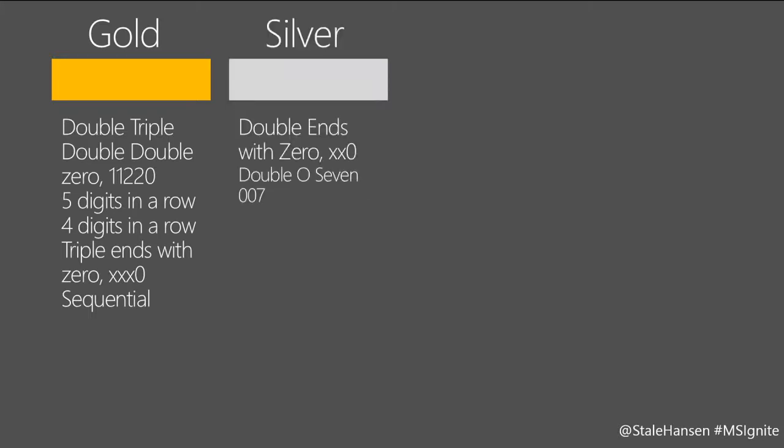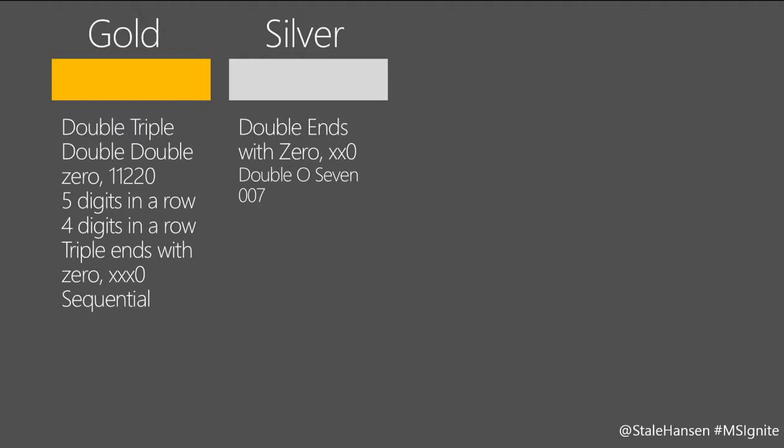And then you have silver numbers, which are maybe double, ending with 0, 007 maybe. Actually, last week I had 3 different cases from 3 different customers that wanted to reserve 007. They really wanted a 007 number. So these are, of course, individual settings.